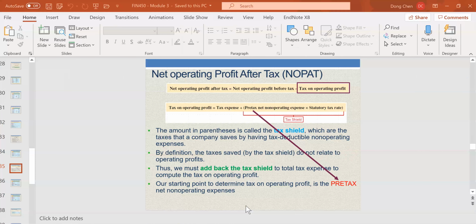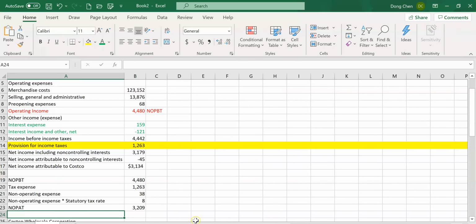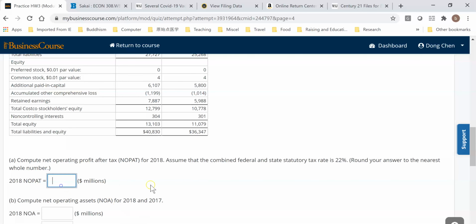Going back to the formula: tax expense plus pre-tax net non-operating expense times the statutory tax rate. So that is my NOPAT. I just need to copy the number back, and it's automatically rounded to the nearest whole number.